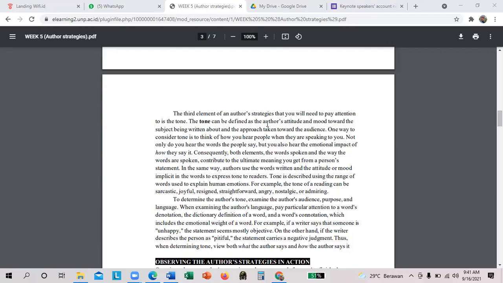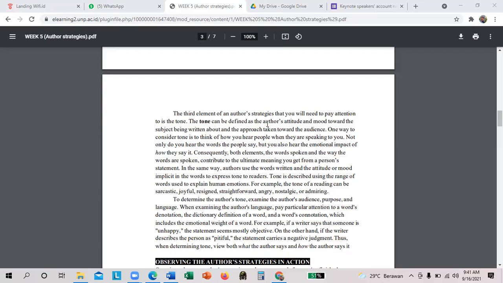In the same way, the author uses written words to express attitude or mood implicitly, which is the tone to the reader. Tone is described using the range of words used to explain human emotion. So you will later feel the sarcastic, joyful, resigned, straightforward, angry, nostalgic, or admiring.